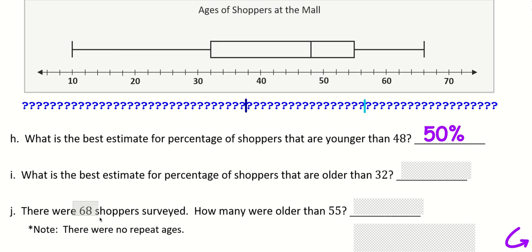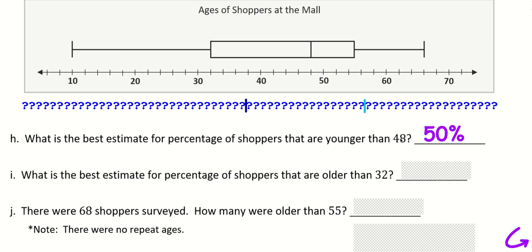We have this even total number and no repeats. But in general, let's say you didn't know this information, all you had was this box and whisker plot, or all they were telling you was that 48 was the median. There's a reason why this question was originally phrased as "what is the best estimate," because whether it's exactly 50% or not, that's all you can really say, unless you know further details like this, I guess.